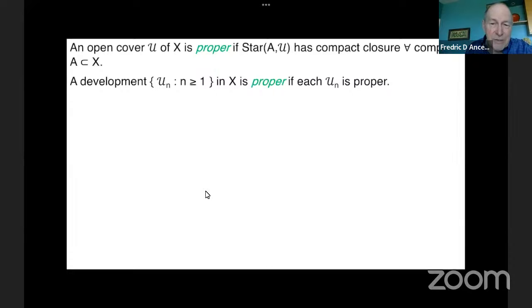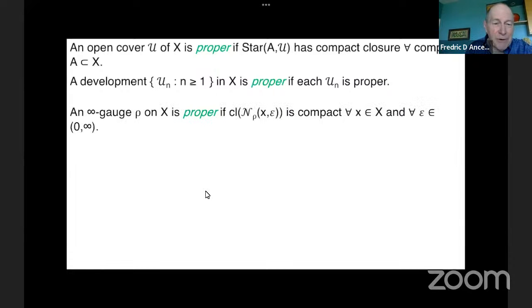And then a development is proper if each element in the development is proper. And an infinity gauge is proper. Well, it's the same definition as for a gauge. You want the epsilon neighborhoods to have compact closure where epsilon is finite.